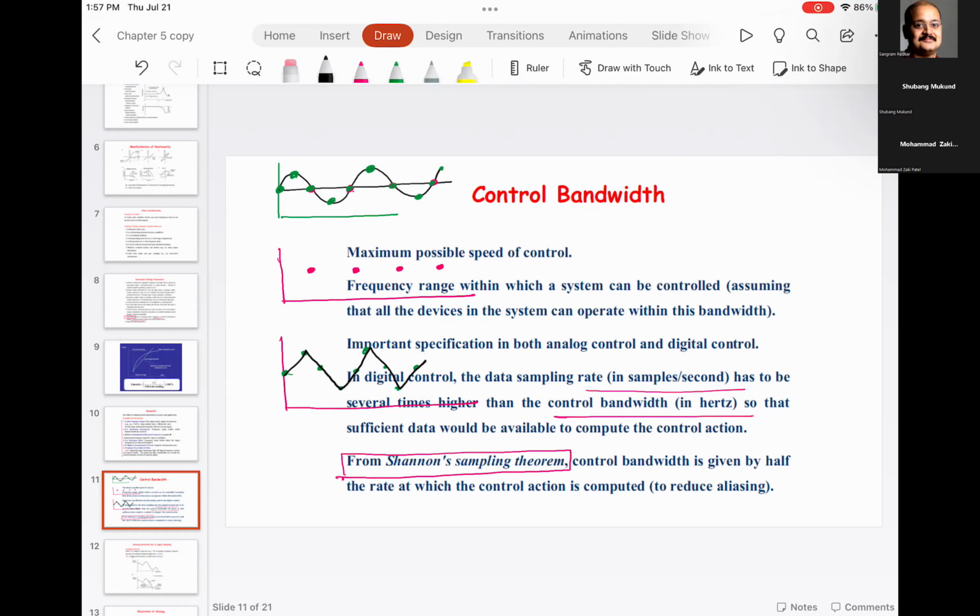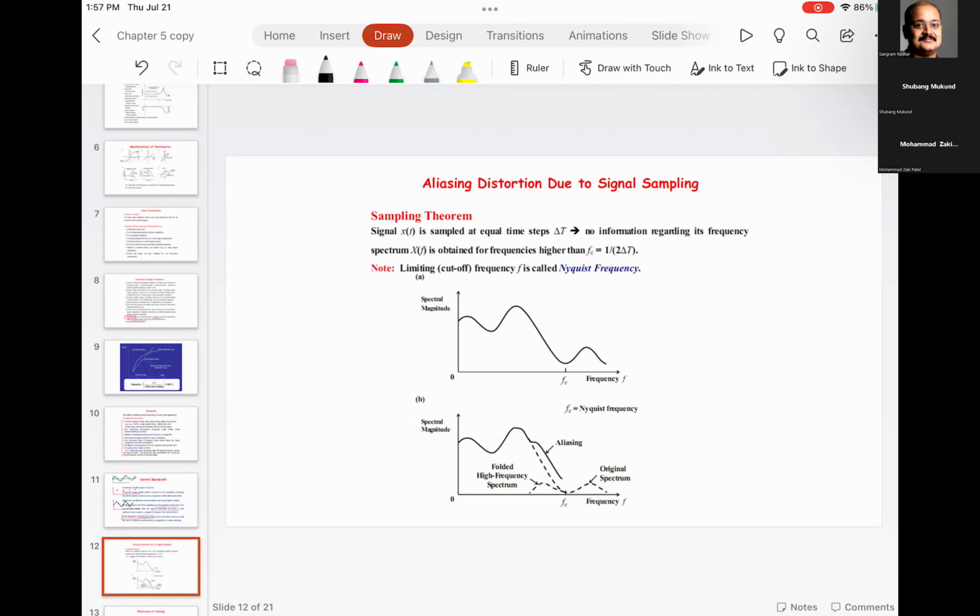Now let's understand what happens, and this is a very important point. If I have a signal that is running at, say, 100 hertz, I'm sampling it at 100 hertz.